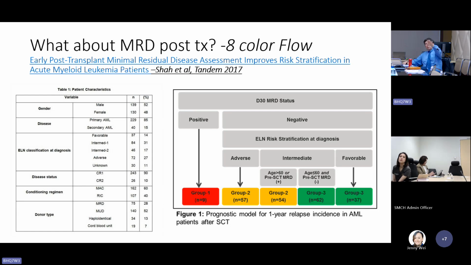If you're positive, you're group 1. If you're negative, they then stratified people by your ELN diagnosis and age. So you have group 1, group 2, group 3. Group 2 are older patients with MRD positive or adverse cytogenetics. Group 3 are your favorable. But this is day 30 afterward.